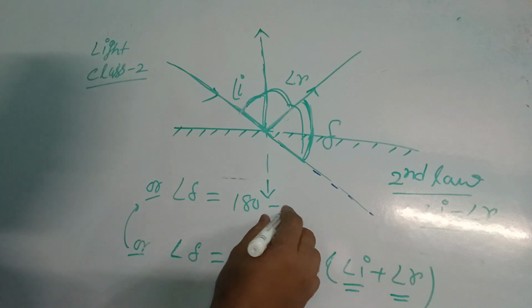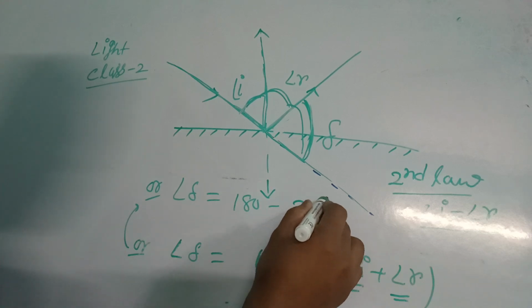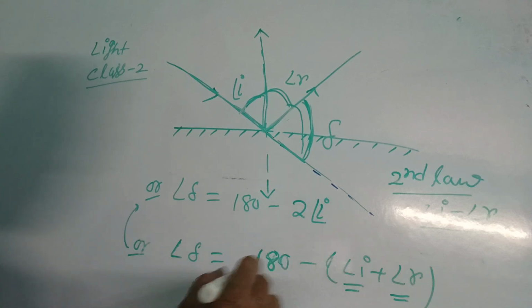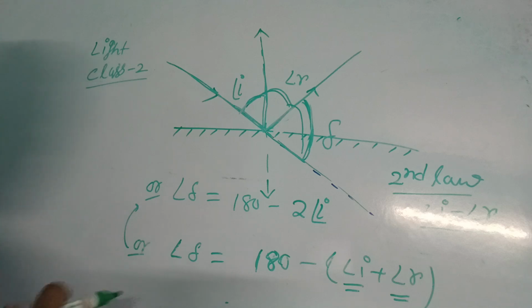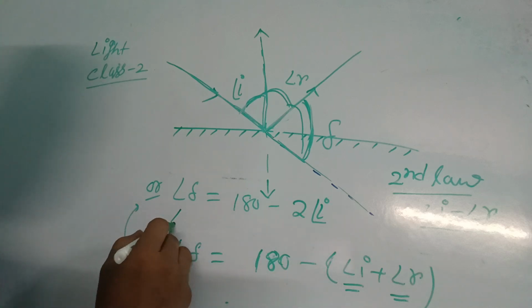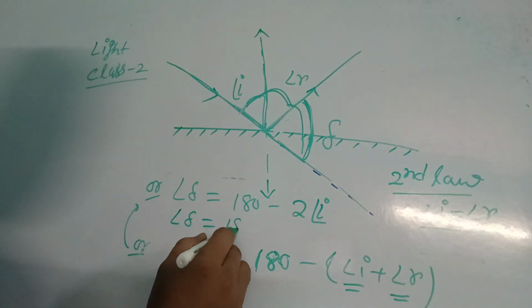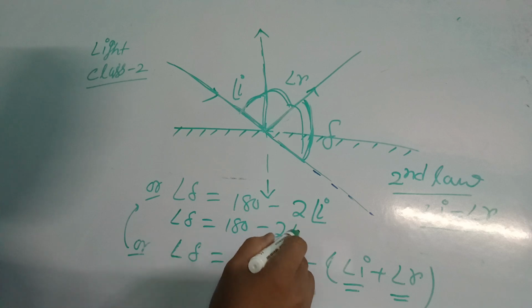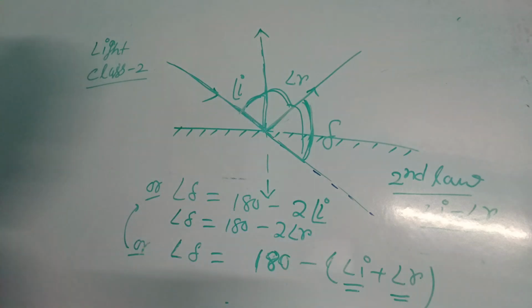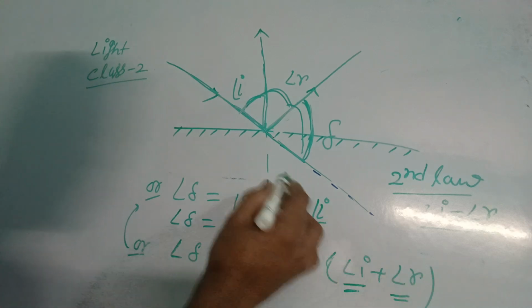So we can write this is nothing but 2 times of I, or we can write this delta is equal 180 minus 2 times of R. Either we can write 180 minus 2 times of I or 180 minus 2 times of R, because I and R are same.